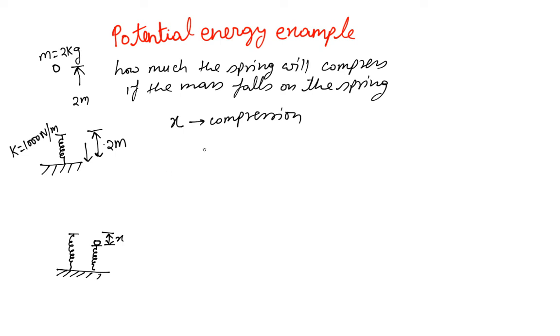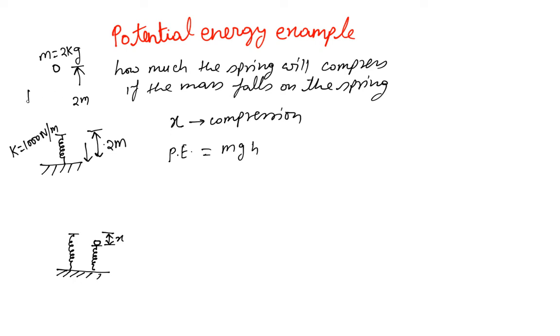So let's start first of all by calculating how much potential energy the mass has initially. We already know that all the initial energy is gravitational potential energy, which is given as mgh.